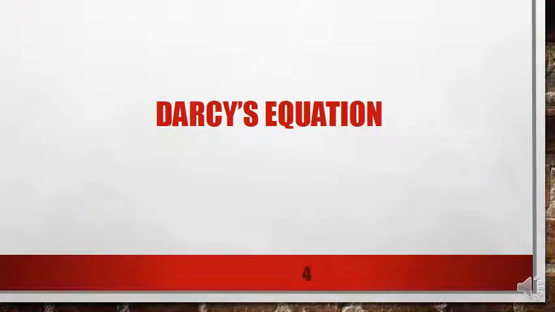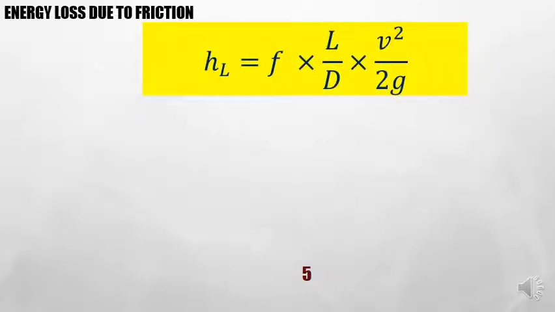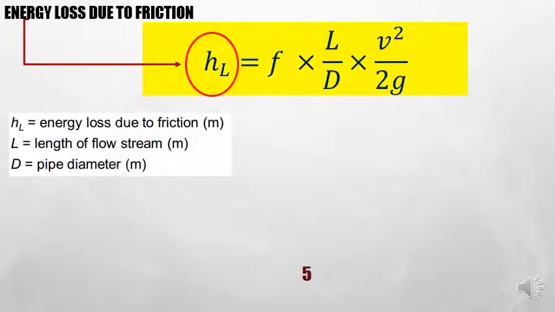What is Darcy's equation? How can it be used in a calculation to determine the friction loss? Well, in order to determine the energy loss due to friction, this is the equation that we're going to use. From this equation, the H here stands for energy loss, which is HL.